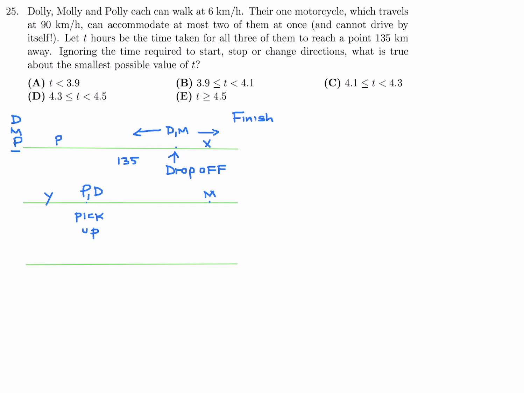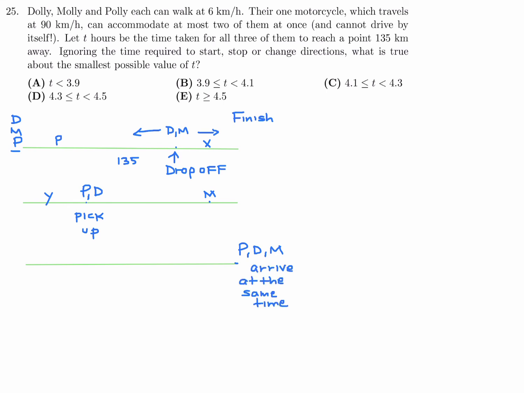Then Dolly picks up Polly and then drives her on the motorbike. So then they all go together, and eventually they end up at the finish line, P, D, and M. Okay? And they all arrive at the finish at the same time.